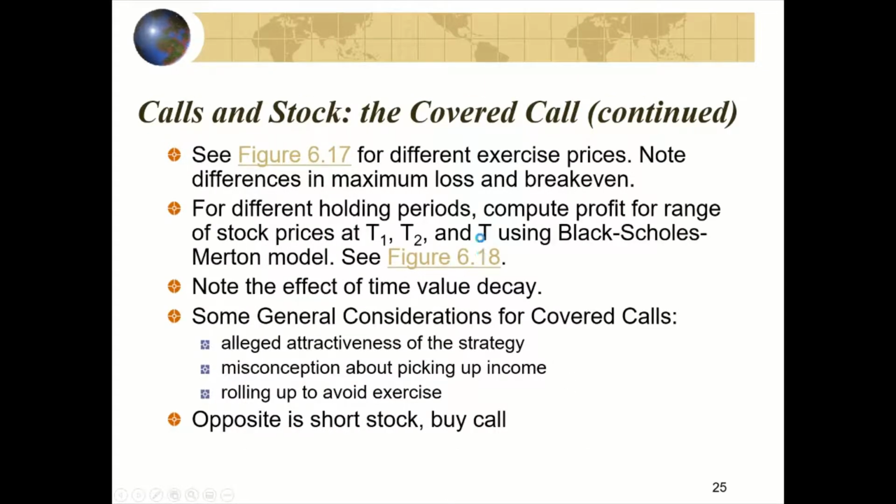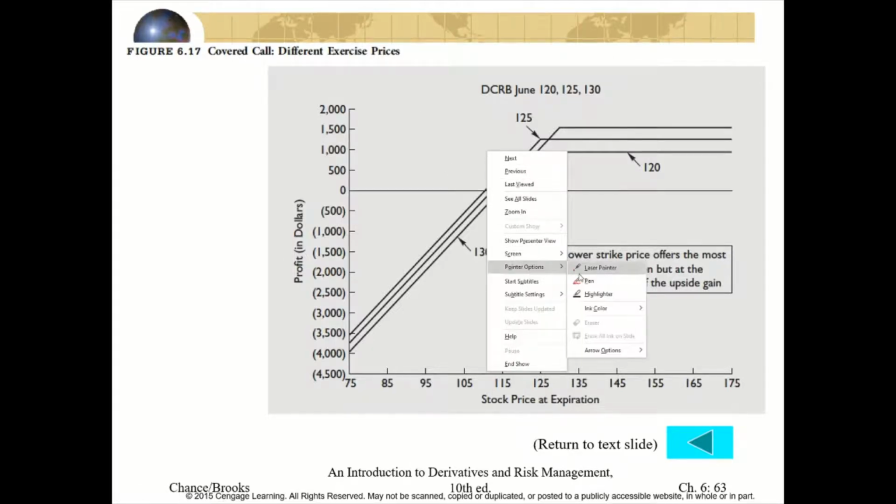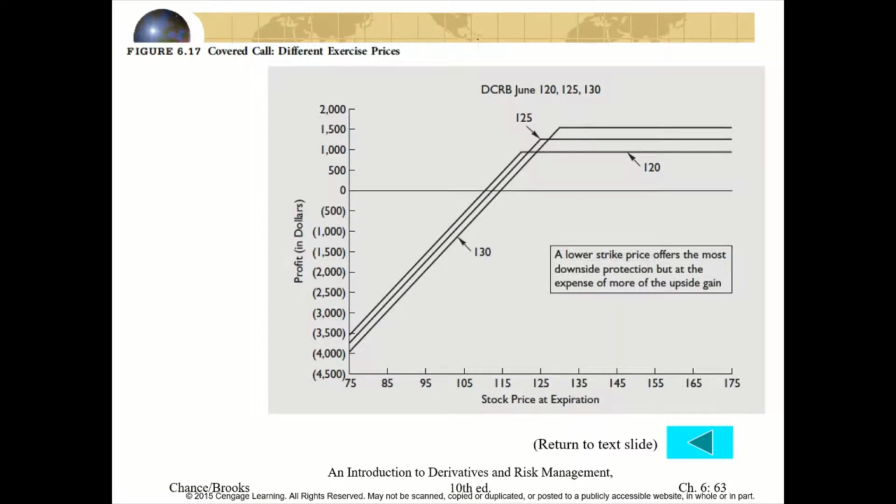If you want to analyze quickly the effect of the different exercise prices, we have to look at how the strike price will affect the intrinsic value of the call option, which in turn will affect the premium we will be receiving from shorting the call option.